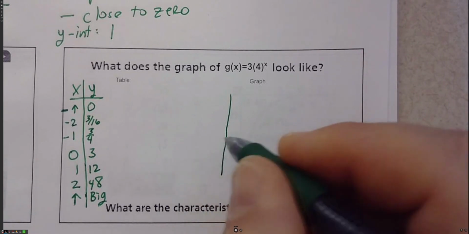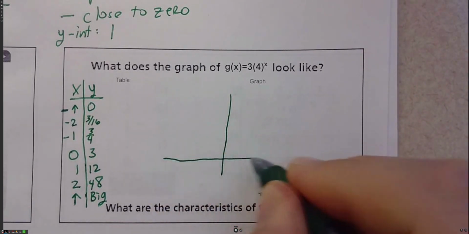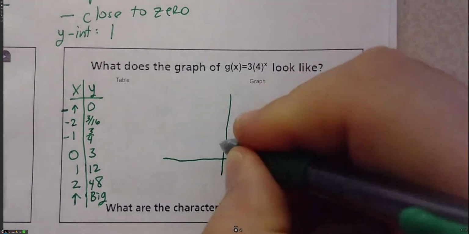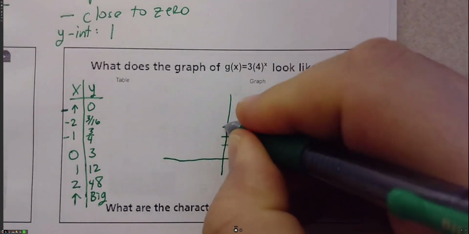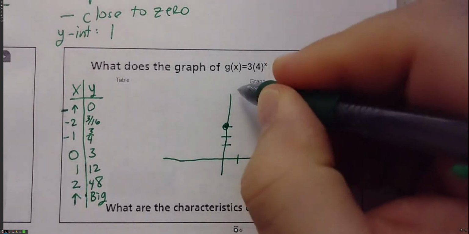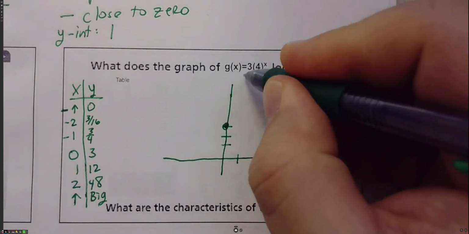All right, let's keep going here. There's not a physical representation. So we don't need any negative values here because this does not go negative. It starts at 3, my y-intercept. And then at 1, it's going to go up to 12, which is kind of off my chart.